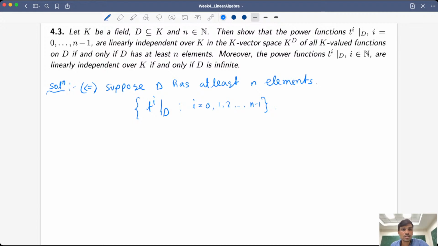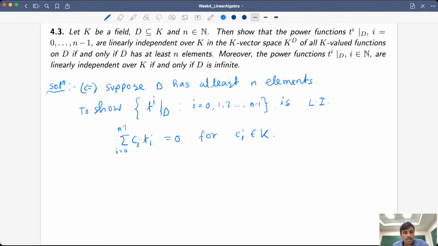So I need to show this set is linearly independent. Again we consider a linear sum in the k vector space, because k^D, all k-valued functions on D, form a k vector space. So I'll consider the sum of c_i t^i equal to 0, for i equal to 0 to n minus 1, with c_i belonging to the field k.